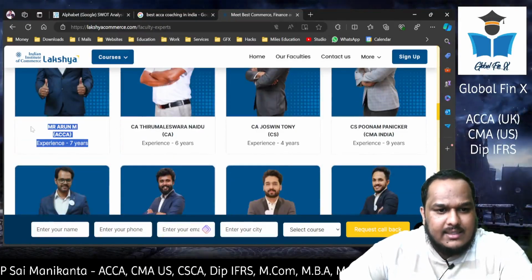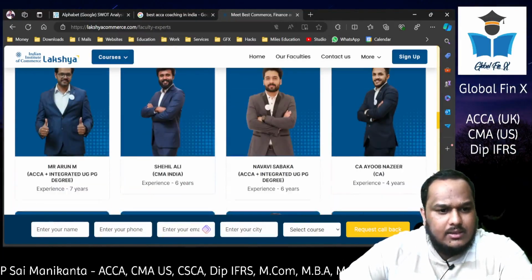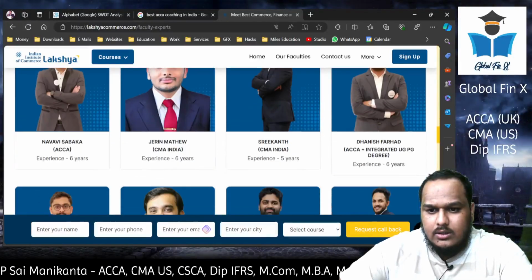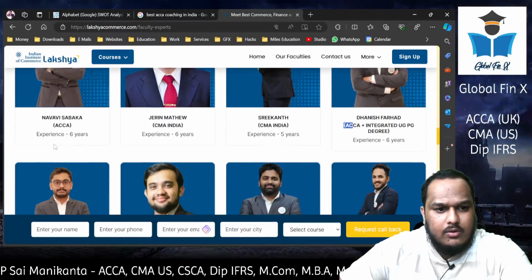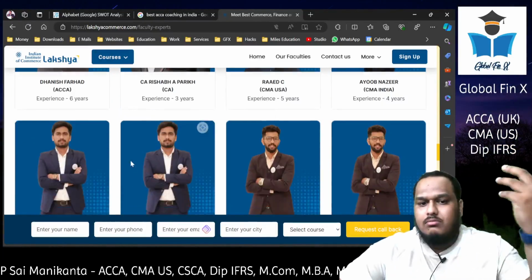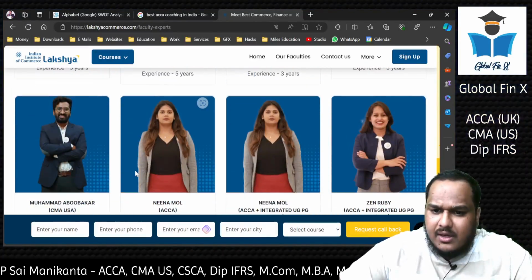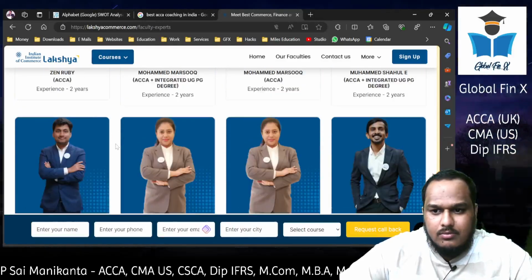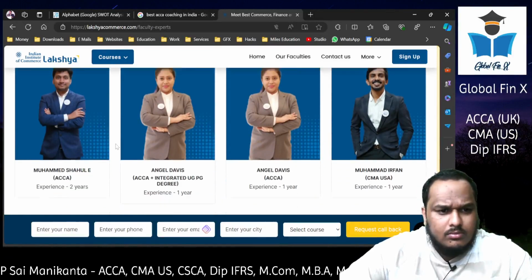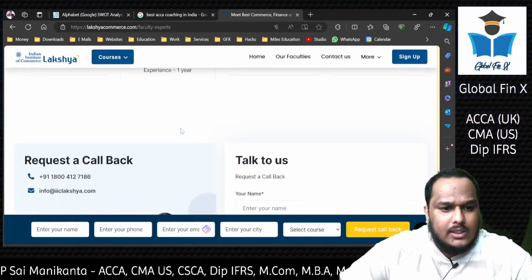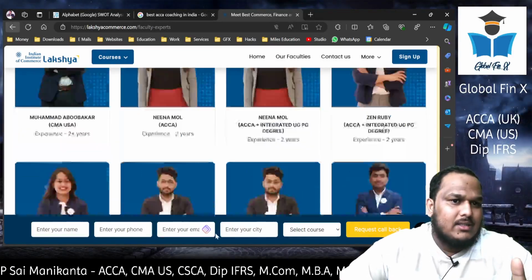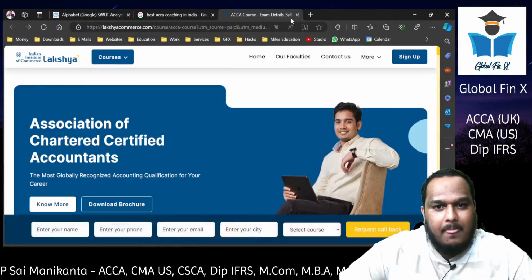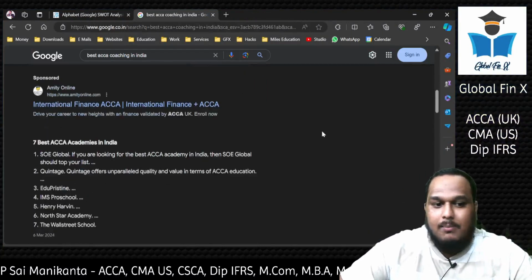One ACCA, CS, CMA, 2, 3, 4, 5. All right. I'm not sure all of these are faculties or not. I hardly know 4 or 5 of them till now. Looks like this is all over India. All right, makes sense. No complaints on this part. Looks good enough, so I'm not going to complain about that.